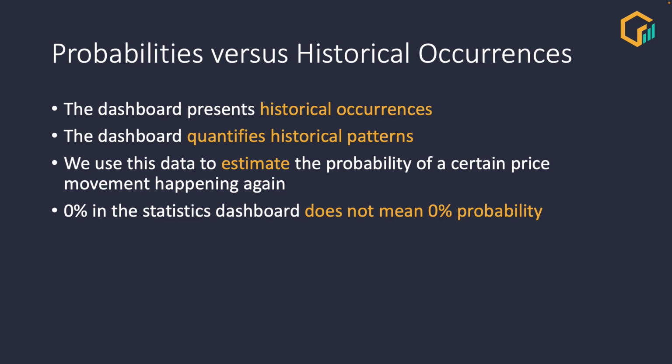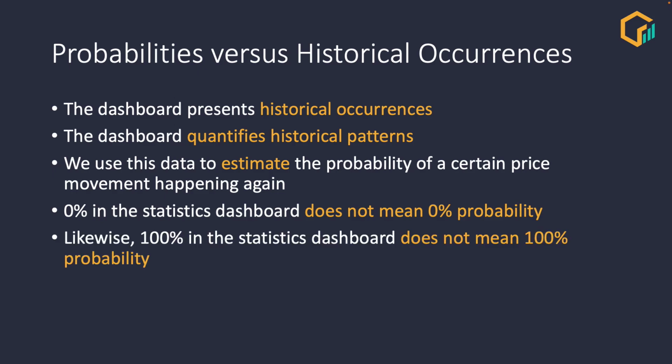It simply means that it has never happened before. Does that mean that it is impossible to happen again? No. It does mean that it's very unlikely to happen again because it would be the first time price does such a thing. But it's not impossible. So 0% does not mean there's a 0% probability. It means there's a very low estimated probability, but it doesn't mean it cannot happen again.